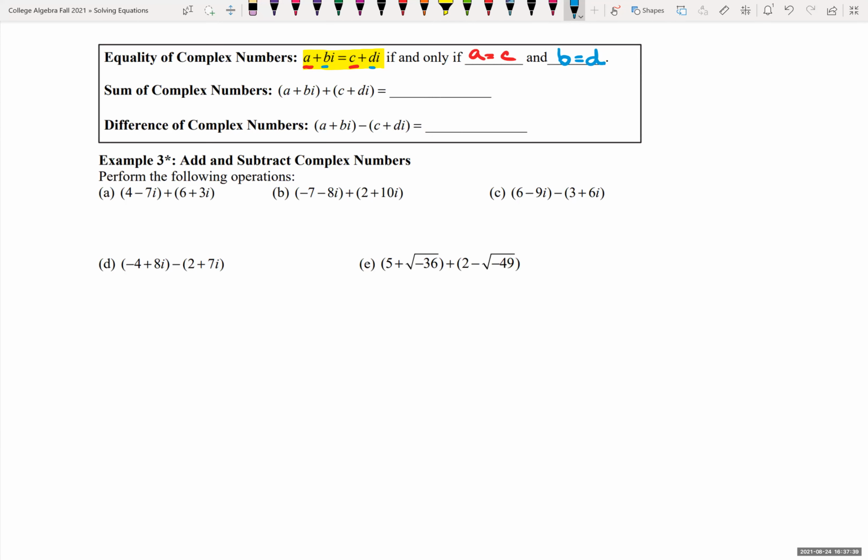If we want to sum complex numbers, basically all you're doing is adding your real parts and adding your imaginary parts. So if I rewrote this, I don't need the parentheses here. My real part is a plus c, plus my imaginary part, bi plus di.